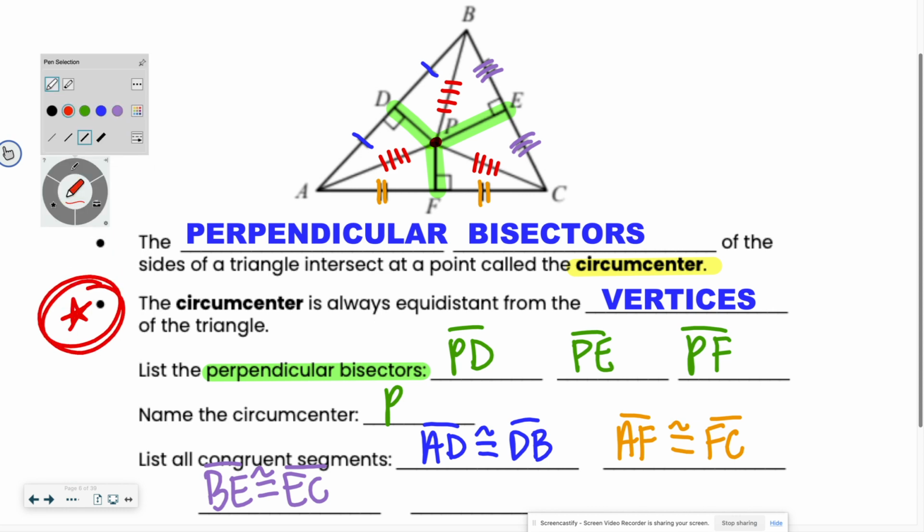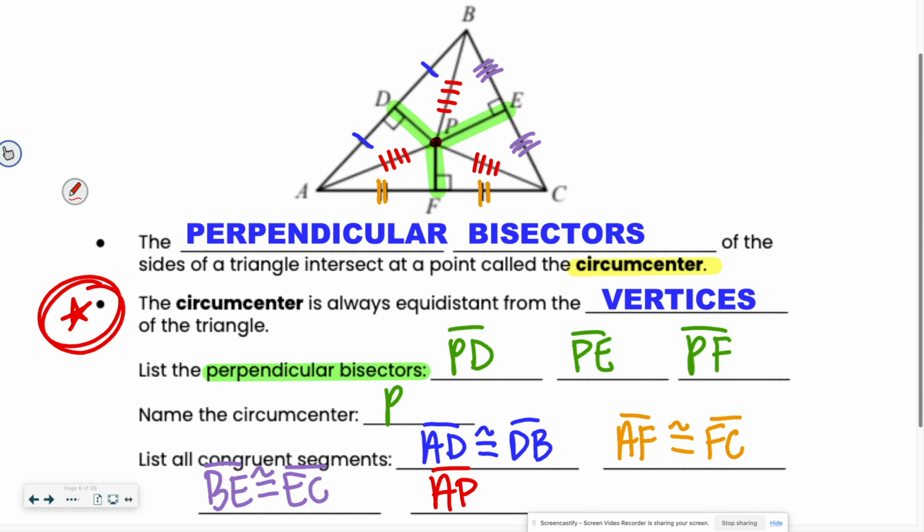The circumcenter is equidistant from those vertices. So remember, those 3 segments would all have to be the same length because they're equidistant. So that would be AP. Now these are my red markings up on my triangle. And then we'd have BP, which is also congruent to, where's our last one, folks? PC, or CP.